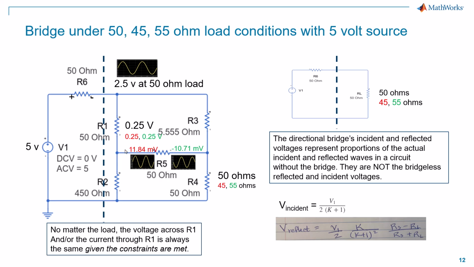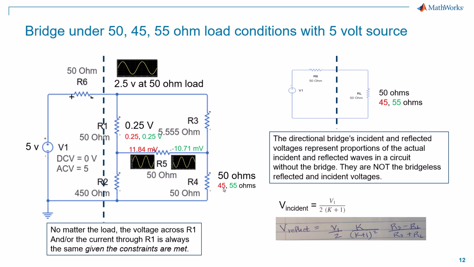And then what happens to these reflected and incident voltages? Well, the incident voltage is always the same no matter what the load is. It's 0.25 volts, essentially 1/10 of what it would be otherwise. It would be 2.5 volts in the non-bridge case if you had a 5-volt source, and here it's 1/10 of that at 0.25 volts for a 10-to-1 sampling bridge.